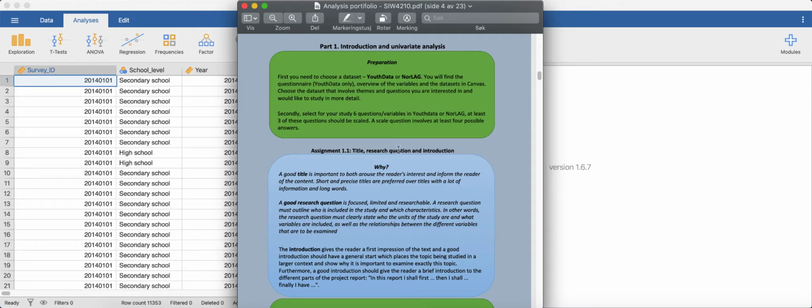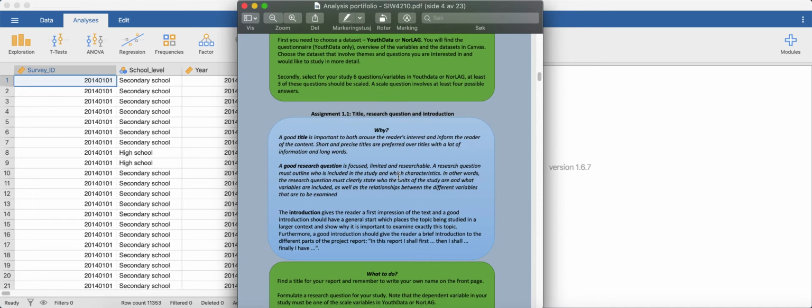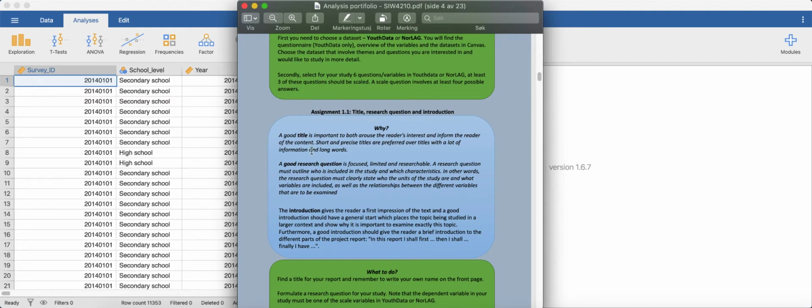So the first assignment is a title, a research question, and an introduction. And I always give you the why. Why is this important? Well, a good title is important both to arouse the reader's interest and inform the reader of the content. Short and precise titles are preferred over titles with a lot of information and long words. A good title is always important.